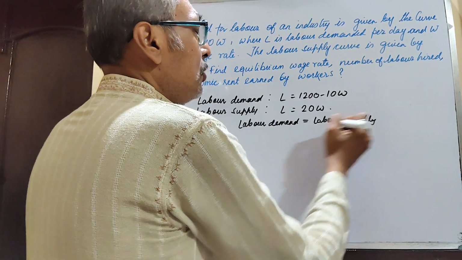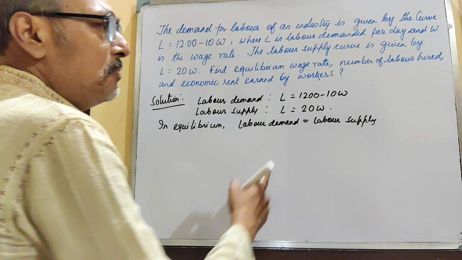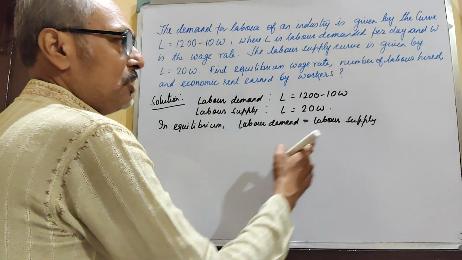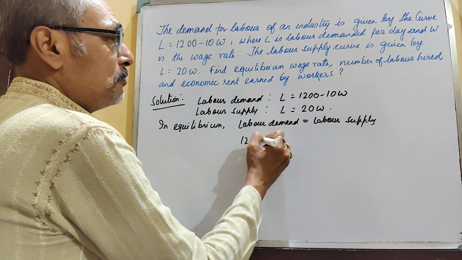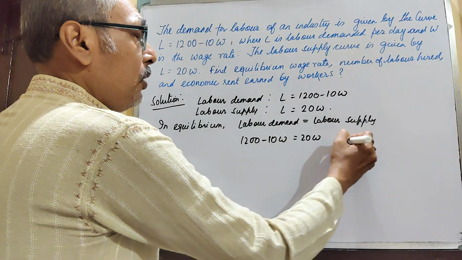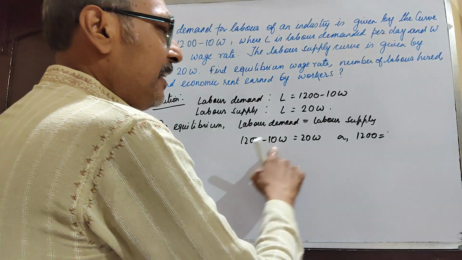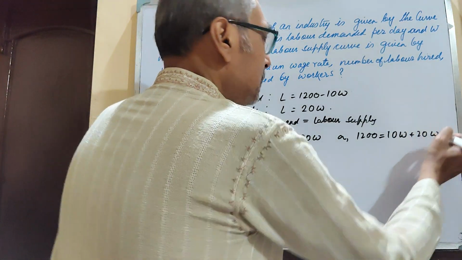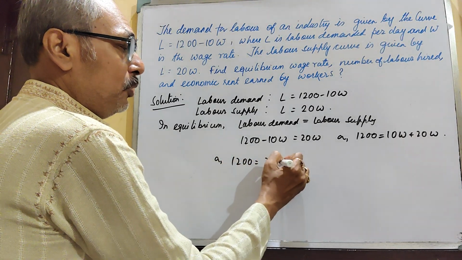We know the definition of equilibrium of any perfectly competitive market is demand equals supply. It is in the labor market, therefore labor demand equals labor supply. Therefore, we write 1200 minus 10W equals 20W, or 1200 equals 10W plus 20W, or 1200 equals 30W.